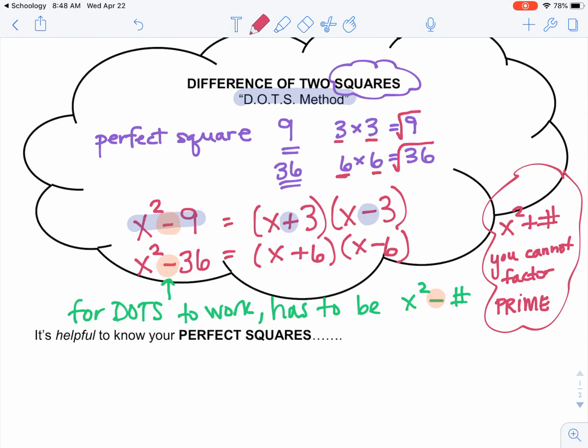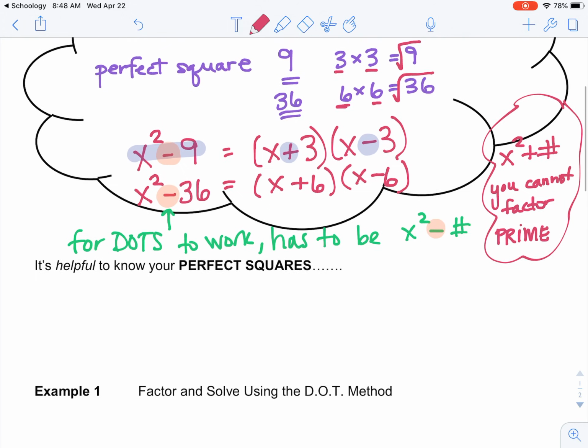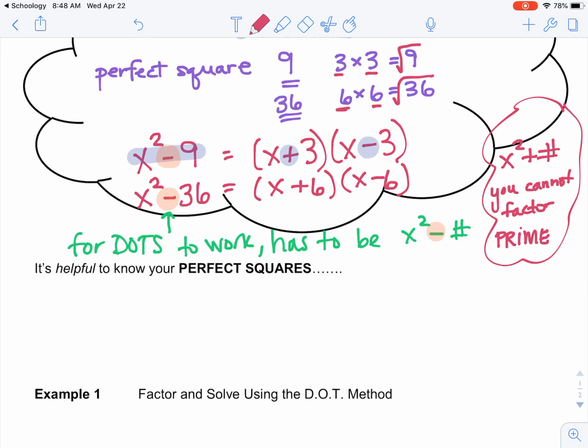So as you go through this, it is nice to have some of your perfect squares memorized. You're not going to be tested on that, but it just makes the process faster. So it's helpful to know our perfect squares. So we have the number 1, right? 1 times 1.